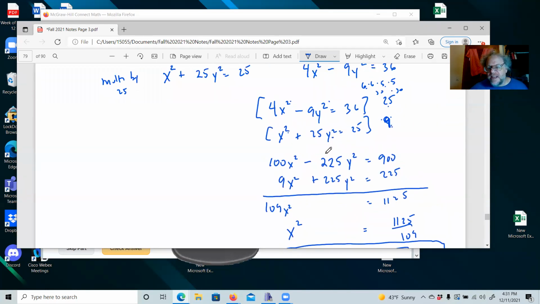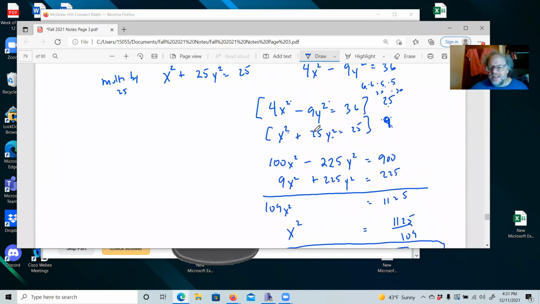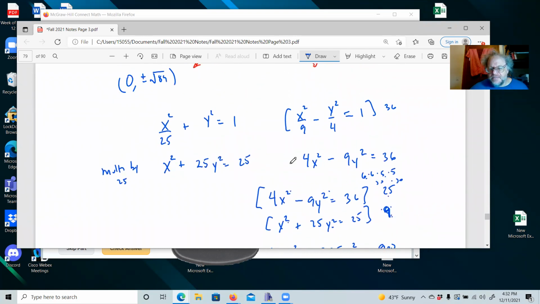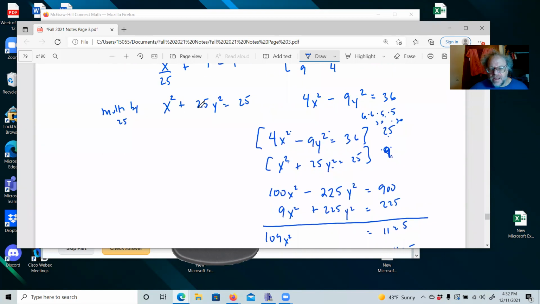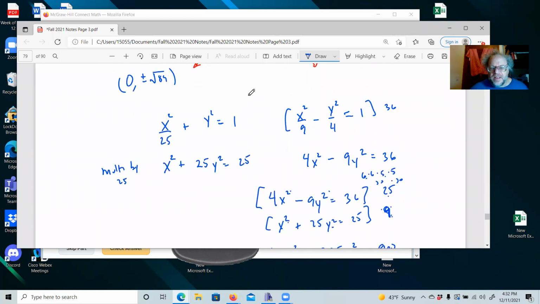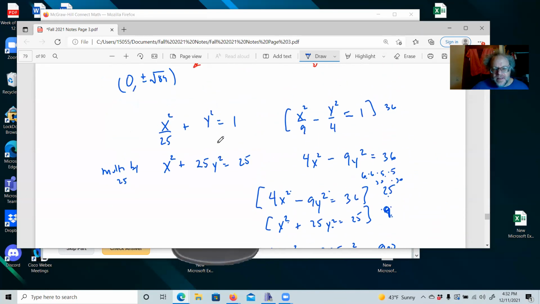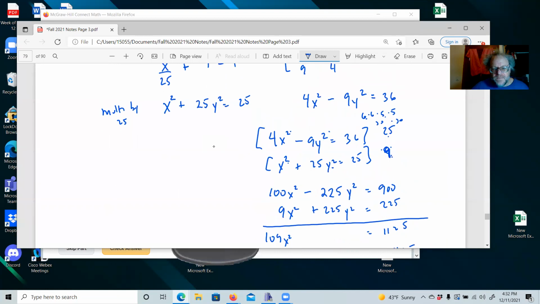Okay, now the easy part, but the tedious part. Pick any one of these problems, any one of the previous ones we've had. Yeah, I'm going to pick this one. So we're going to go back to x squared plus 25y squared is equal to 25.